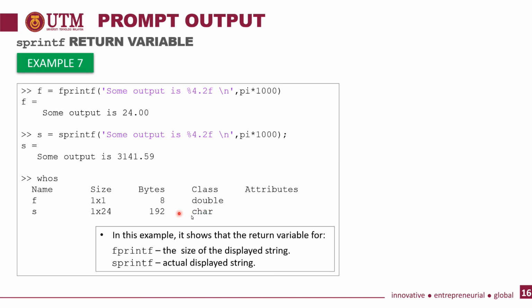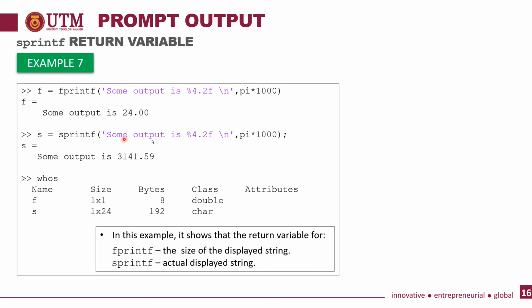It will store this value, some output is these numbers, and \n, so it will store all of this string in terms of characters. This is the main difference between Fprintf and Sprintf: Fprintf will store the value of the variable that we wanted to display, which is pi multiplied by 1000, but Sprintf will store all of the string here.